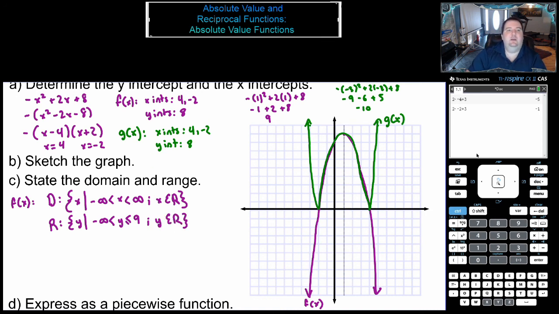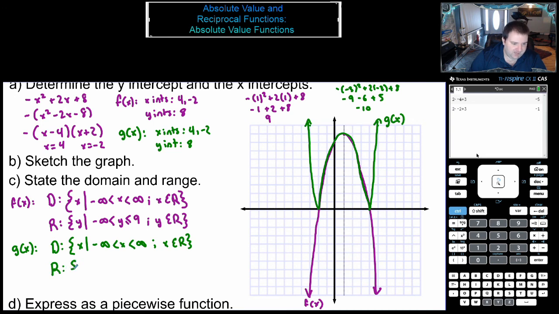All right, let's look at g of x. So our domain is the same. All x values are going to get hit here. So our x such that from -infinity to infinity, and x is all real numbers. And what's our range?